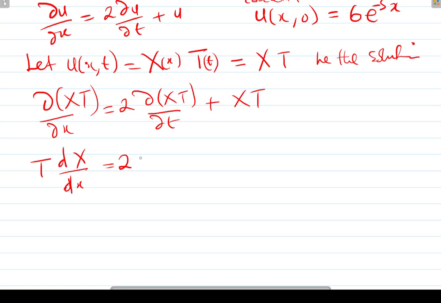Again here, we are differentiating with respect to t only, so X can come outside, and then we have X dT/dt, and then plus XT like this one.